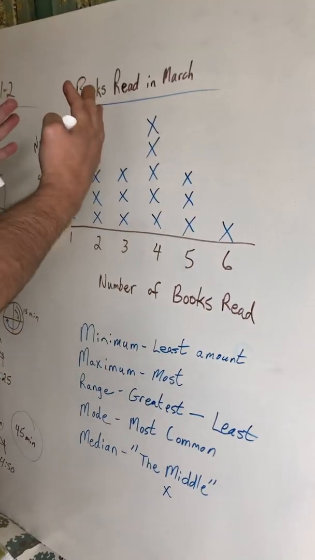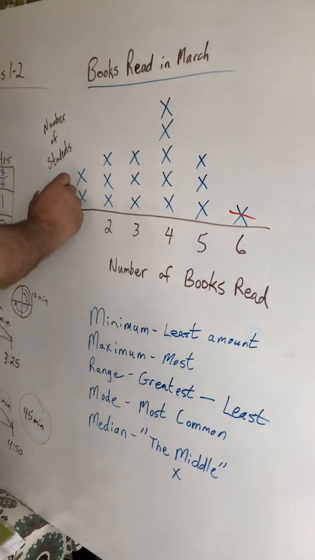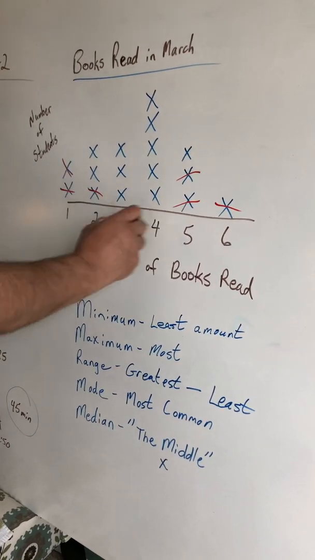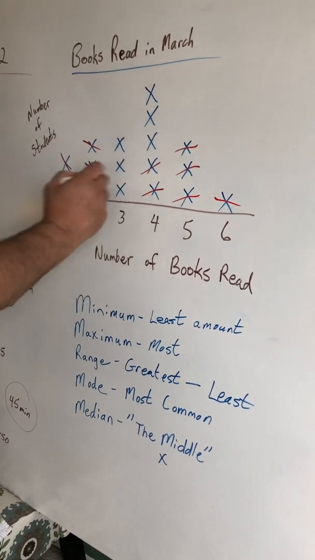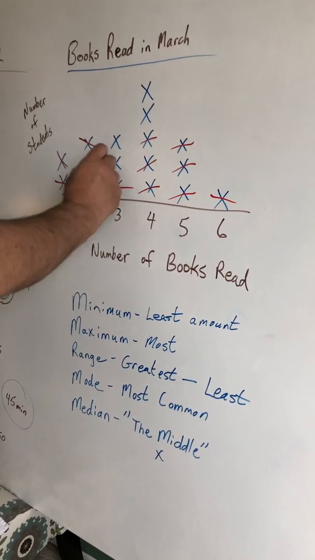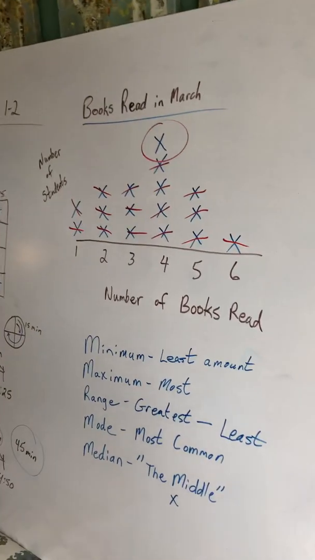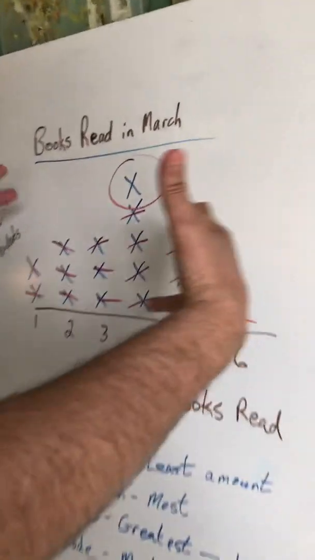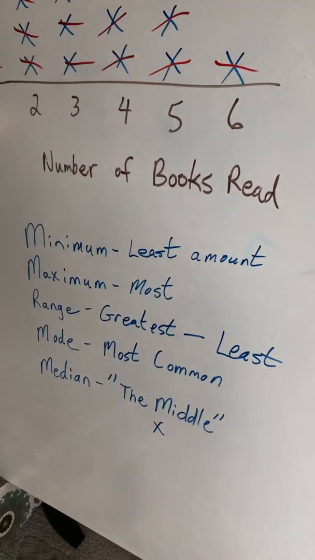So you count in the same until you get to the last X. Okay, median is 4. See? We got to the last X. 4 is the median, okay? It means the middle, all right?